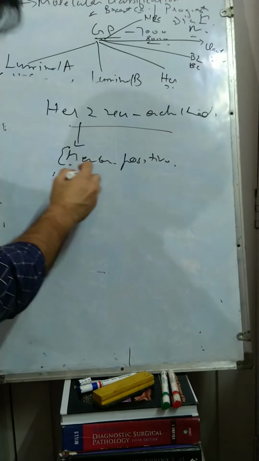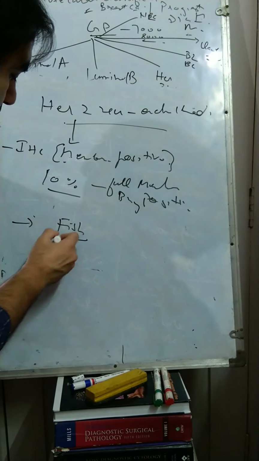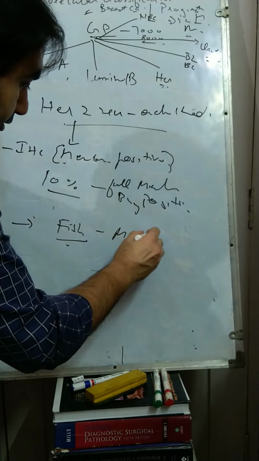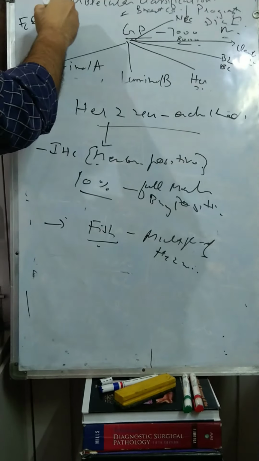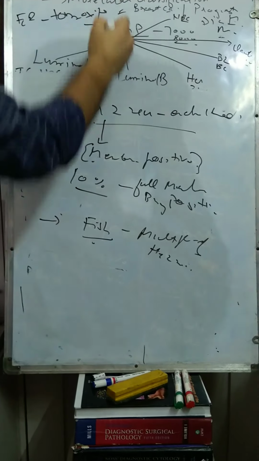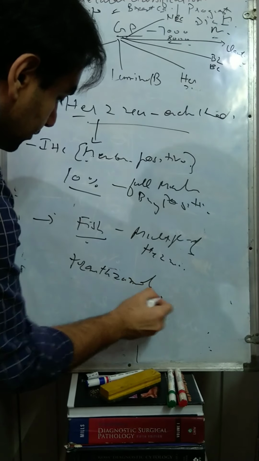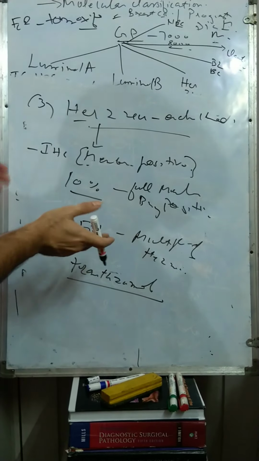So this is IHC. You can also go for FISH, where there will be multiple copies of HER2 neu. As in luminal A or luminal B, the tumors which are ER positive receive tamoxifen. Everyone knows targeted therapy for HER2 neu is available, trastuzumab. So this targeted therapy is available for the HER2 neu enriched subtype, which usually has a bad prognosis as compared to luminal B or luminal A.